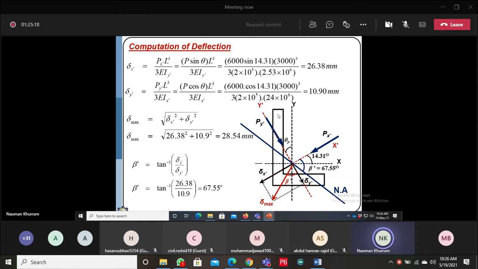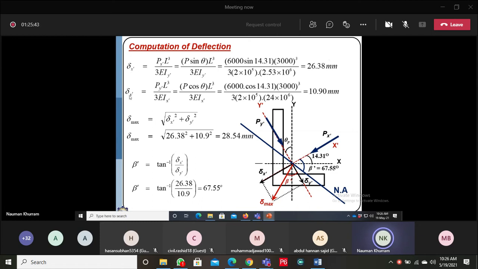And I'm assuming that the angle section is made of steel. So the E value of steel is 2 into 10 to the power 5, or 200 gigapascal, or 200,000 megapascal. EIy is the moment of inertia about the y principal axis. So the component of deflection along the x principal axis is 26.38.